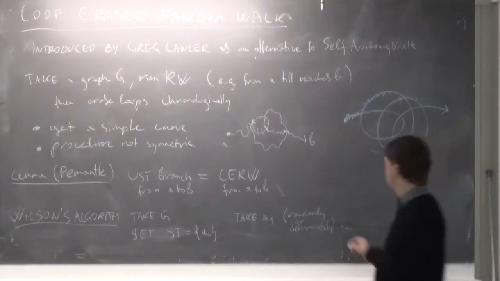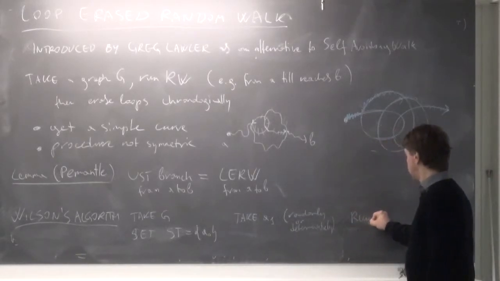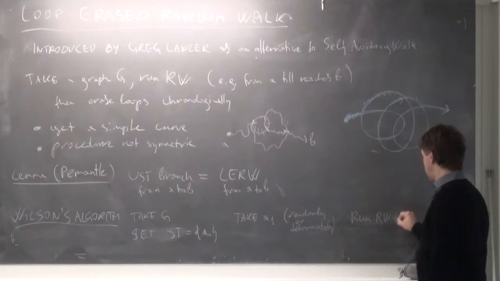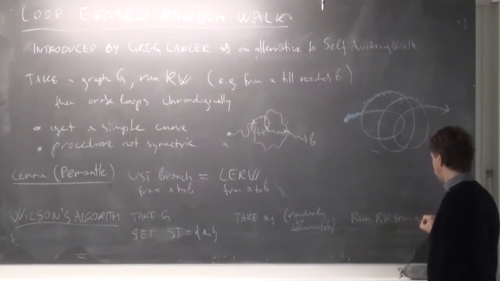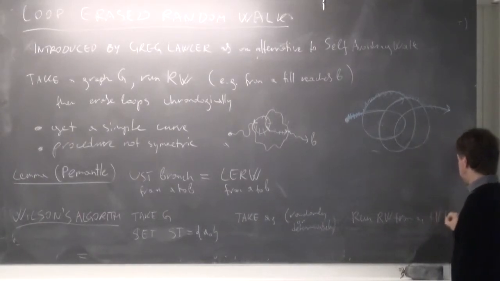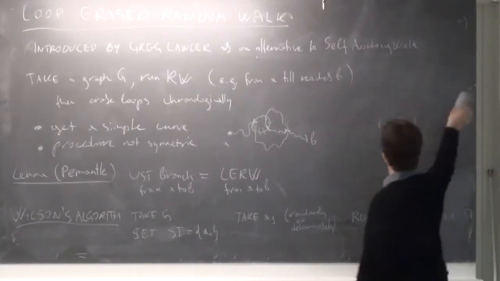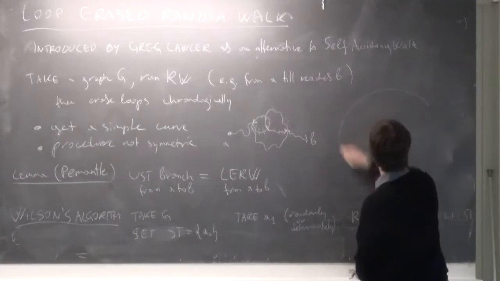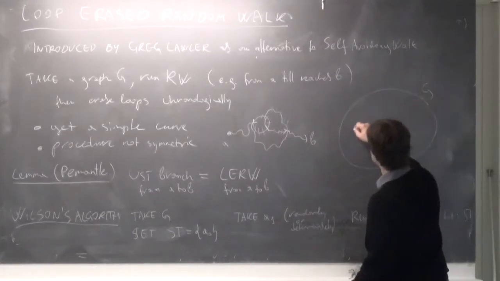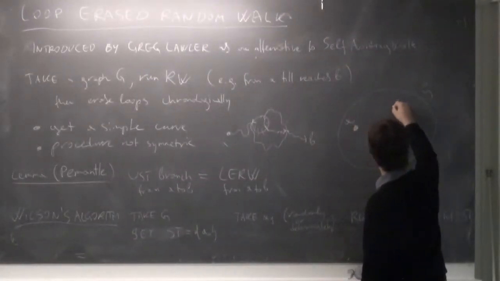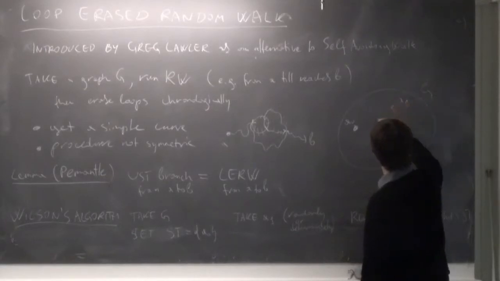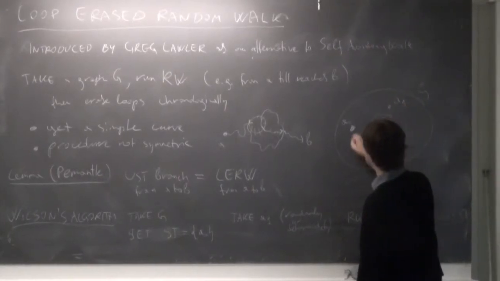Then you run a random walk from A1 till it hits the spanning tree. So now what that means in our graph G is that we have a spanning tree which contains so far one point. We have A1. We run a random walk till it hits this point. Eventually it will hit with probability 1.